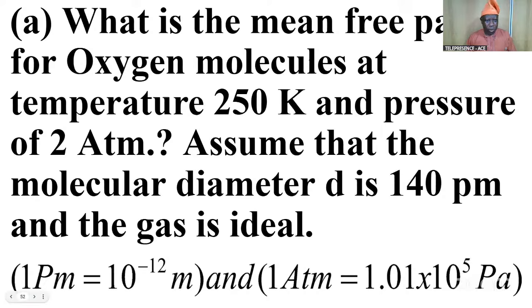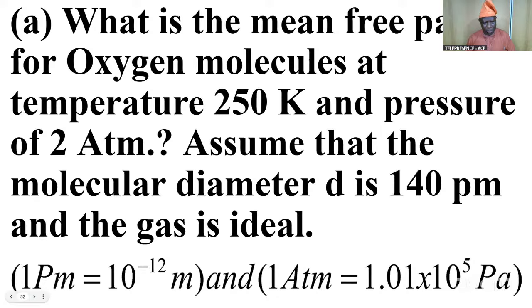All right, back to the question. You have been given the temperature to be 250 K. I was saying that in some other questions, if the temperature is given in degrees Celsius, you have to convert to Kelvin because we are dealing with the ideal gas. Ideal gas considers the absolute temperature, so you must add 273 to bring it to Kelvin.